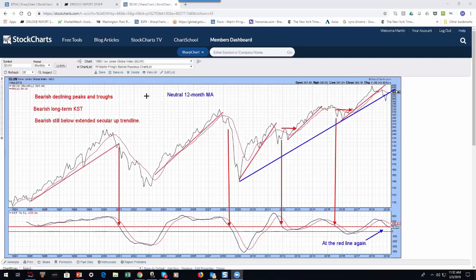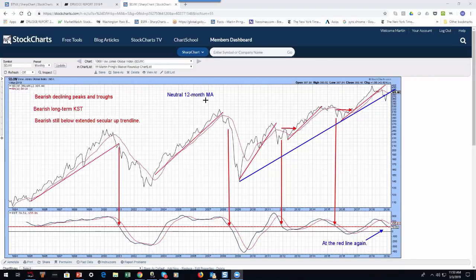So that's one negative. Second of all, our long-term KST is still bearish. And it's also below the extended secular uptrend line, this blue line here, which is unfortunate. So the bulk of the evidence is still pointing to the bearish side, although the 12-month moving average I've got as neutral.